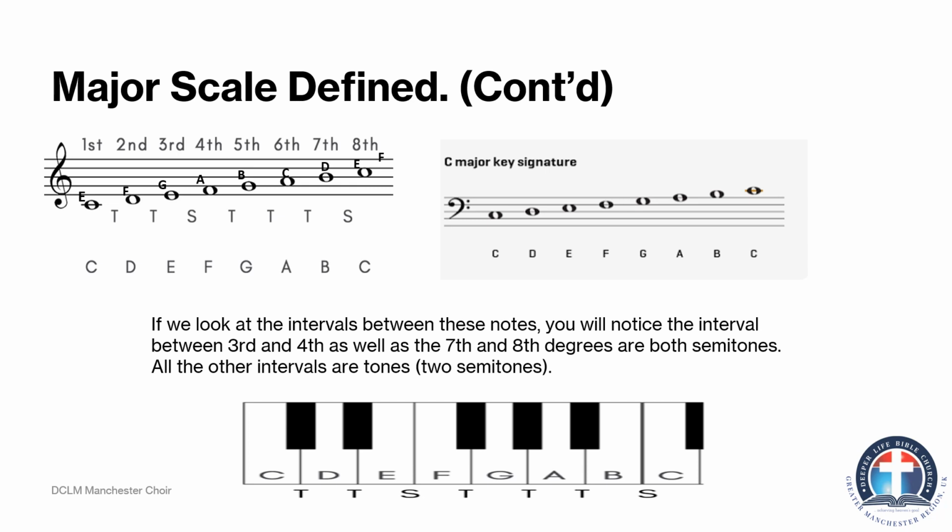These are the names given to each line or space on the stave. So this will help us identify the name of the notes that fall either in the space or on the line.